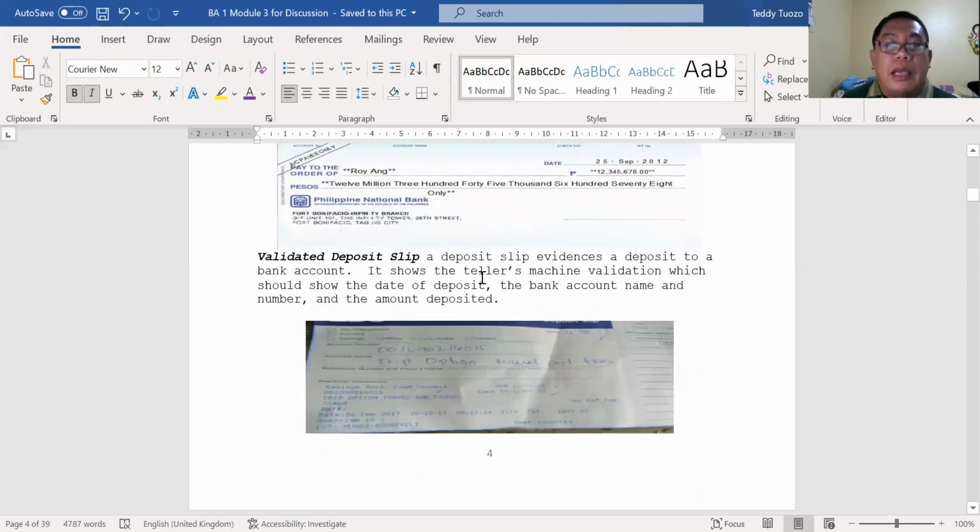Then deposit slips, no, a deposit slip needs to be validated as evidence, as a source document. It is not acceptable if it is not validated because it may be construed differently. Actually, there is a case here that I have audited in one establishment here in Surigao. What happened?